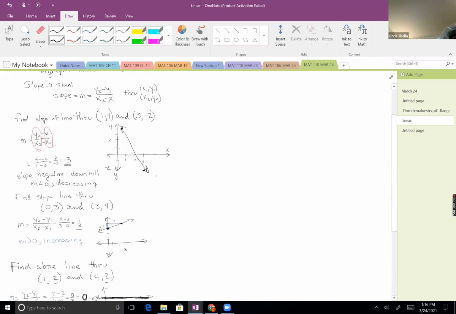This first line, if I were to look at that vertical line test, does everybody see that this first line is a function? The second line, if I were to look at my vertical line test, this one is a function.